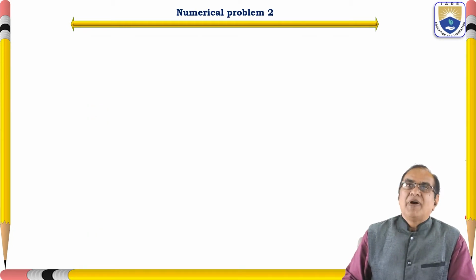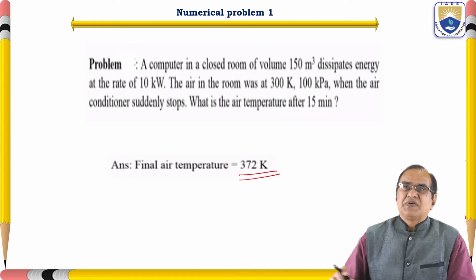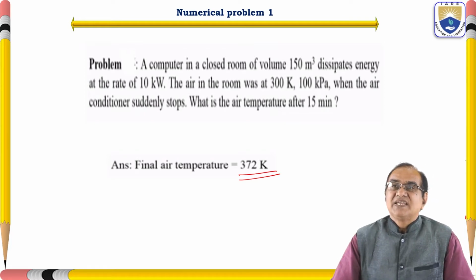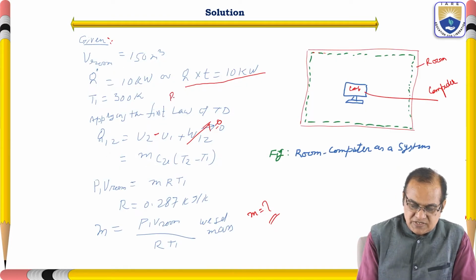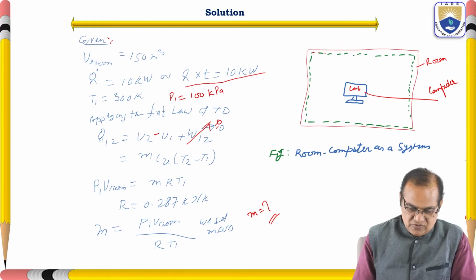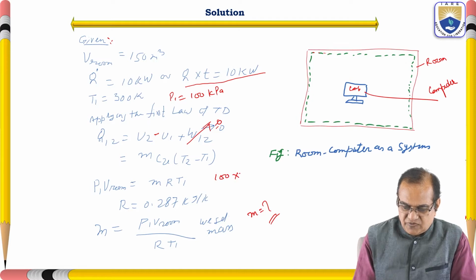So by this we can see that P1 is also given, 100 kilopascal. Here P1 is equal to 100 kilopascal. Okay, so from here P1 V1 is equal to M R T1, that is 100 into 15 is equal to M into 0.287 into T1.